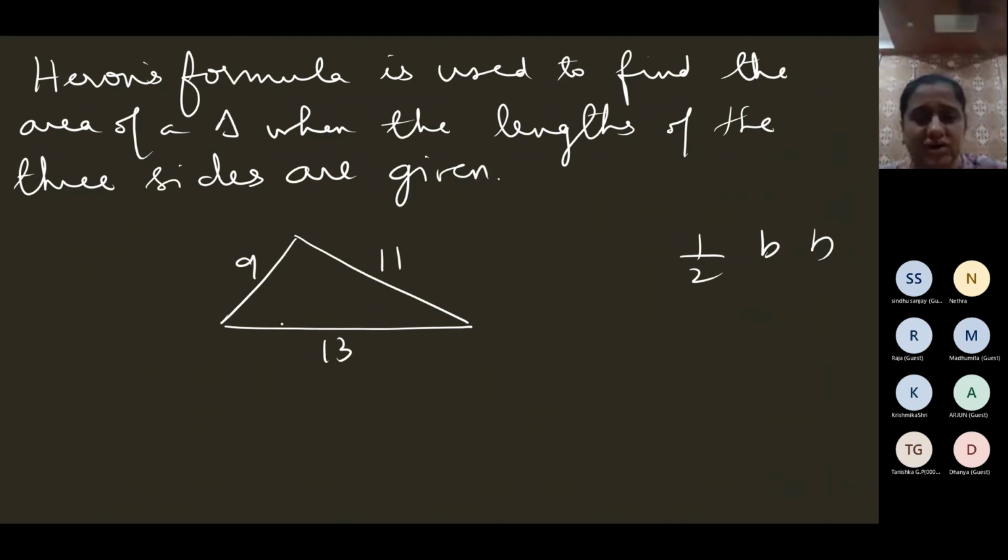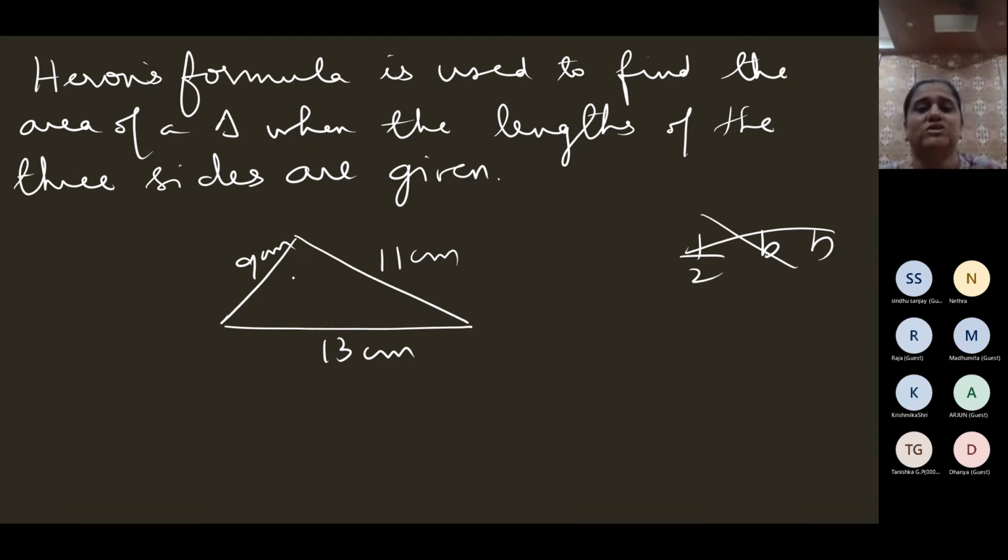We have the bases, but we don't have their corresponding altitudes.